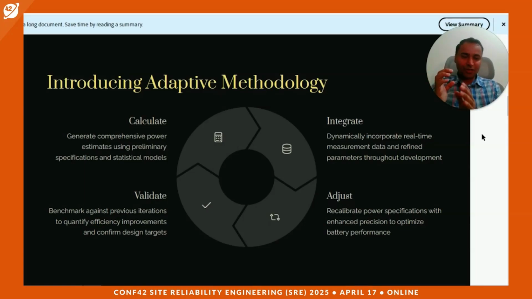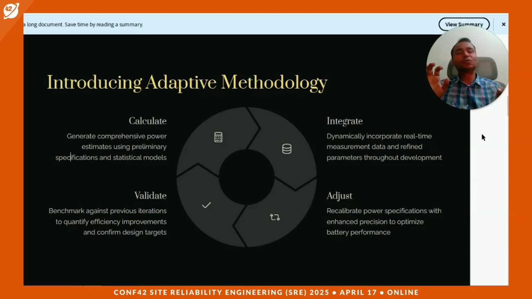The actual toggling file, based on the design requirement, we get at the end, at physical design closure, when we run gate level simulation. But can we model these kinds of FSDBs at the start so that we can calculate the power in a more accurate way? So the calculation can be done based on a comprehensive power estimate, using preliminary specification.